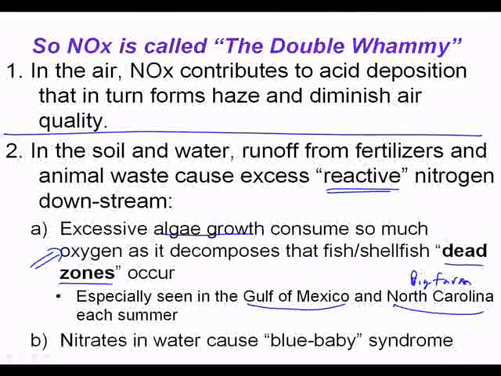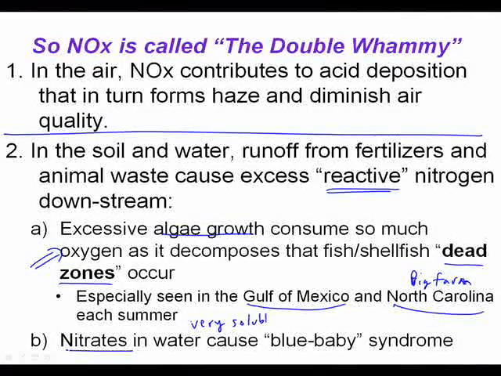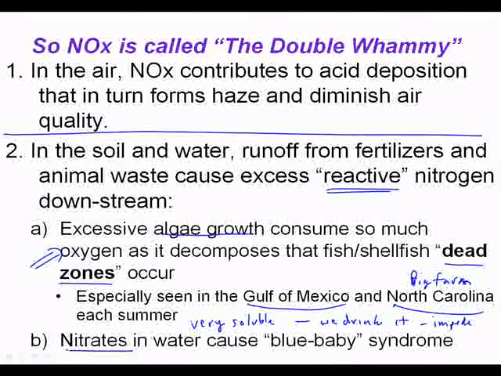Okay. And also nitrates in the water, very soluble. And it gets into our water system. We drink it. And it can impede our absorption of O2.